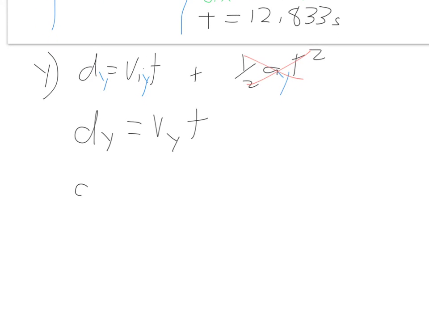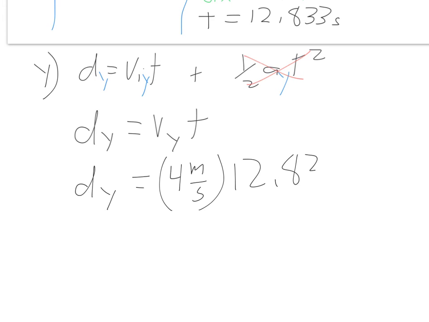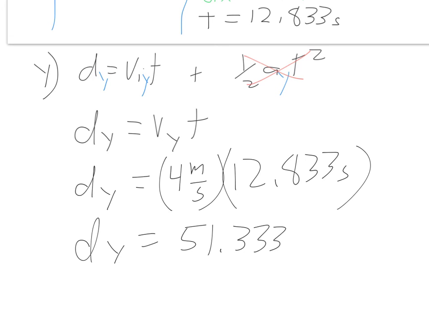So, just going to throw in my numbers here. dy is equal to 4 meters per second times my time of 12.833 seconds. Multiply those two numbers together, and you'll get 51.333 meters. That's the distance the boat winds up landing downstream.